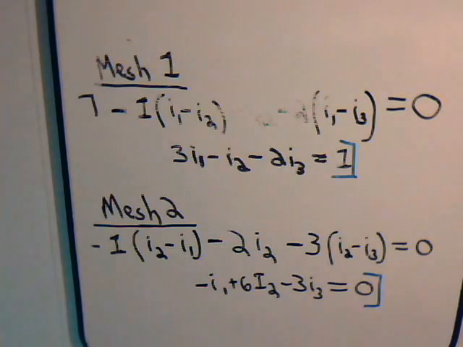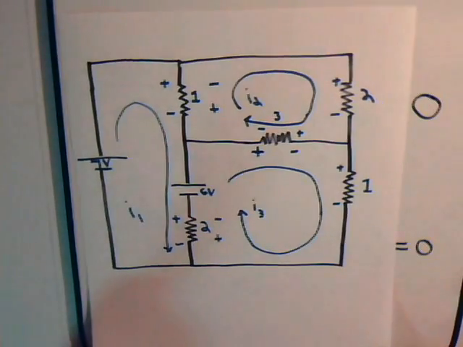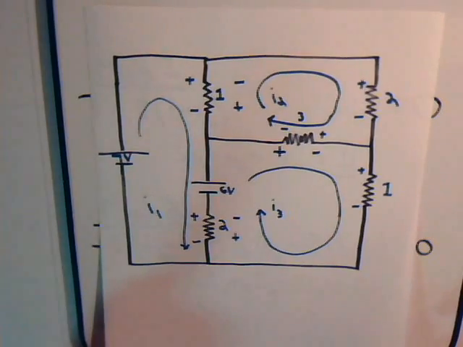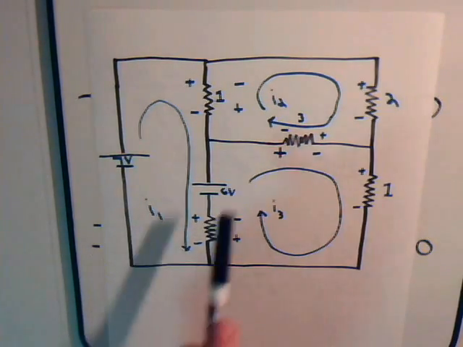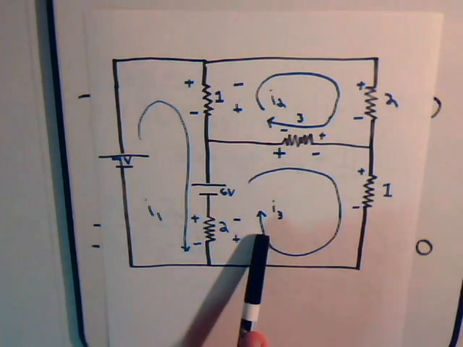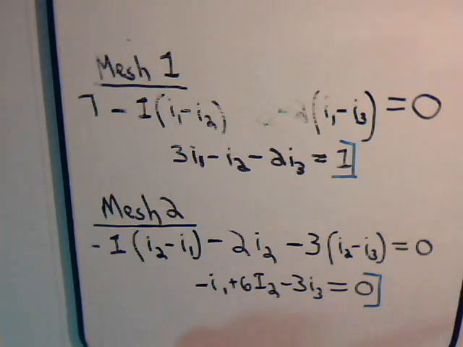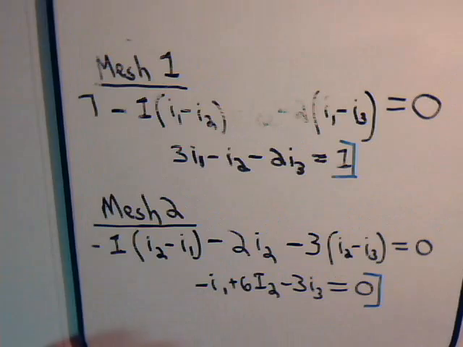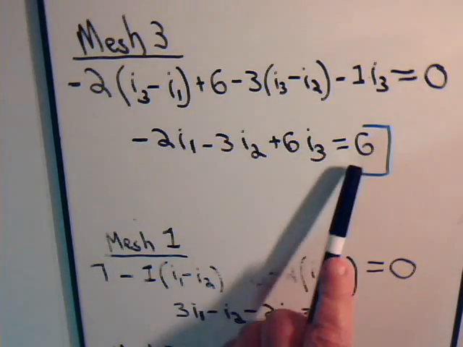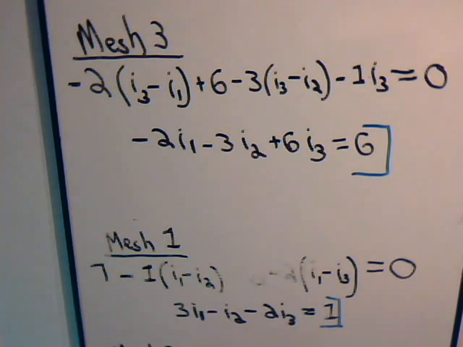In the way we set this up, there are 3 currents to solve for, I1, I2, and I3, and we have 3 independent equations to solve for this. So come back, join us for the next video, and we'll go ahead and solve these simultaneous equations.